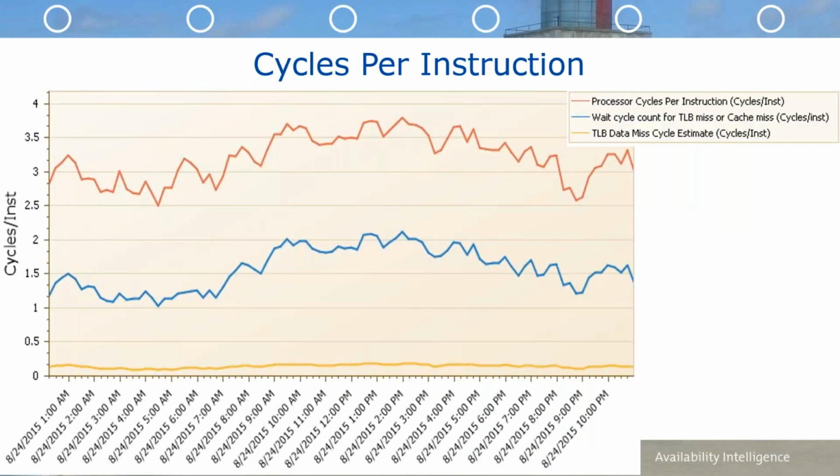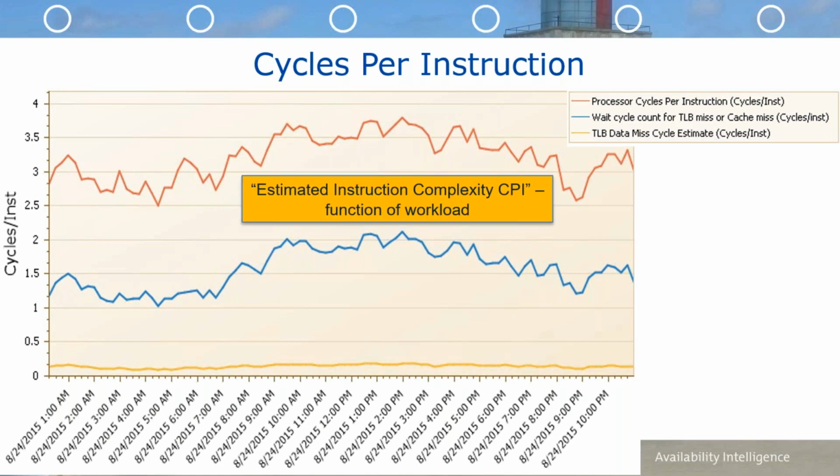So this chart from the IntelliMagic Vision product breaks out cycles per instruction into the productive and unproductive components that we just mentioned. The space above the blue and below the red line on this chart reflects the cycles productively spent executing instructions for a workload. This would be the CPI value if all required data and instructions were always present in level 1 cache.